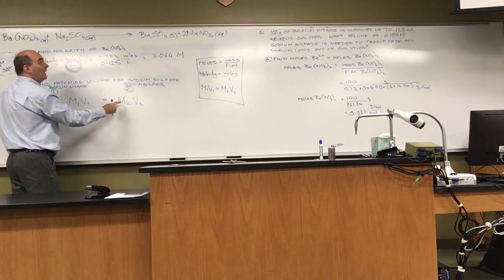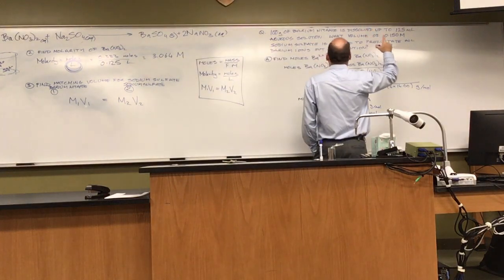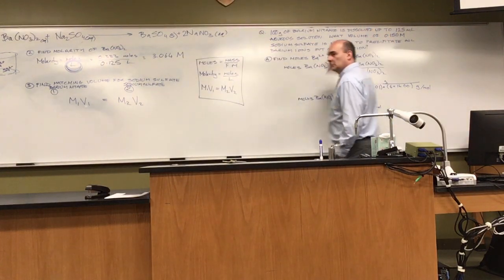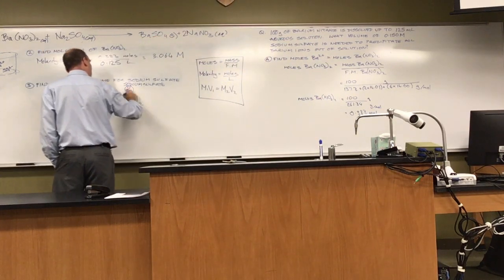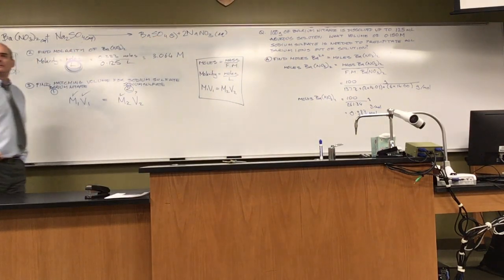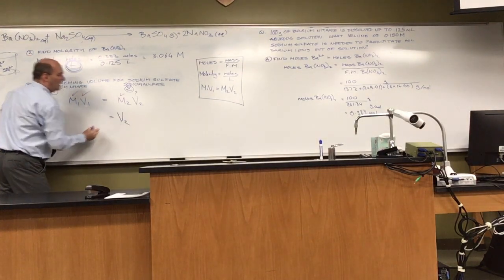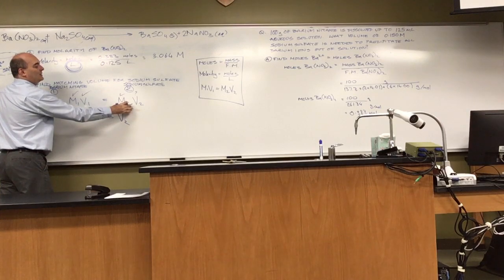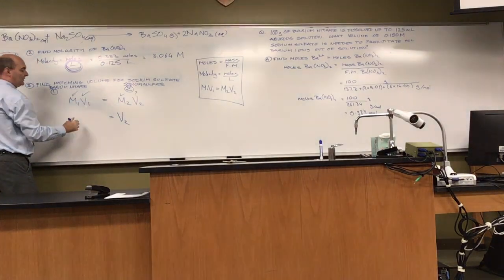Okay? M2 is the molarity of the sodium sulfate. It's in the question. So I know that number, and that number, and that number, but I don't know the volume. I have to move this molarity across the equal sign, and when I do, it descends to be a denominator.